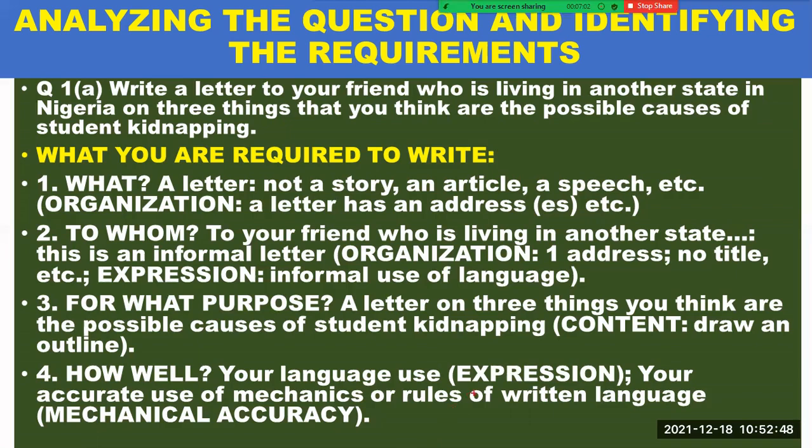You can draw an outline at this juncture because drawing an outline will help you. What an outline does is that it enables you to jot down those points, all right? To jot down those points.